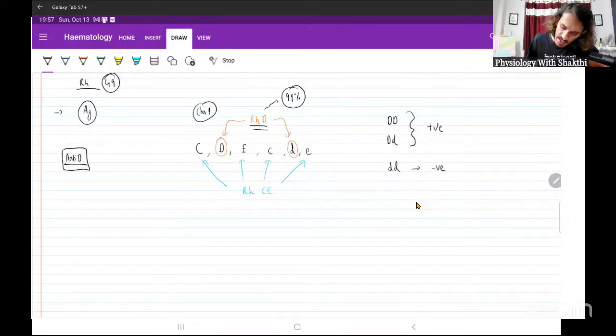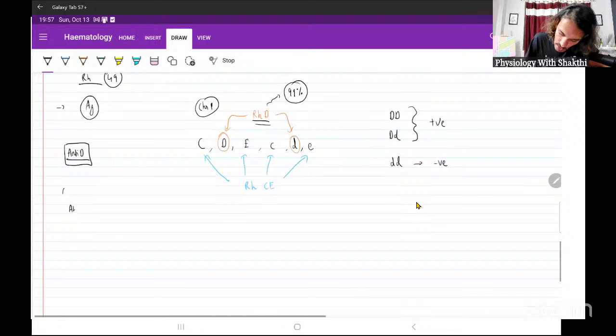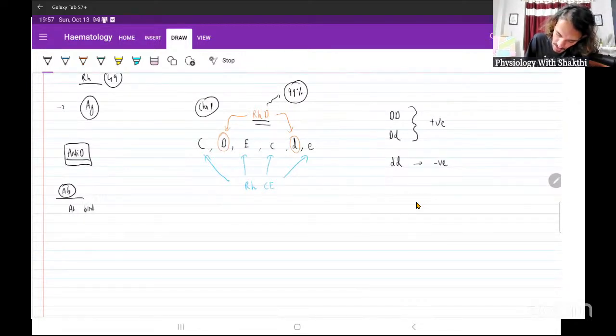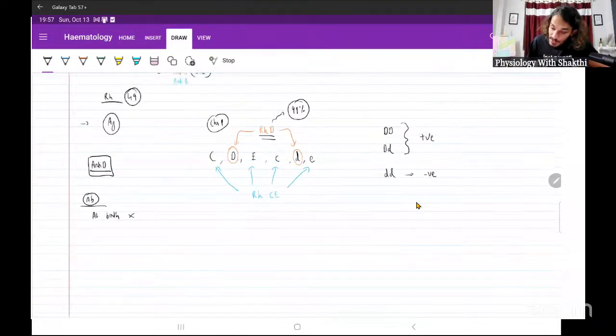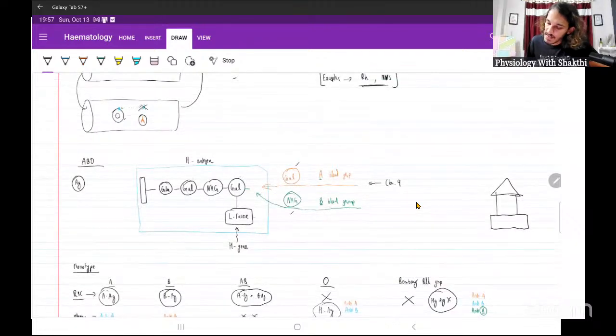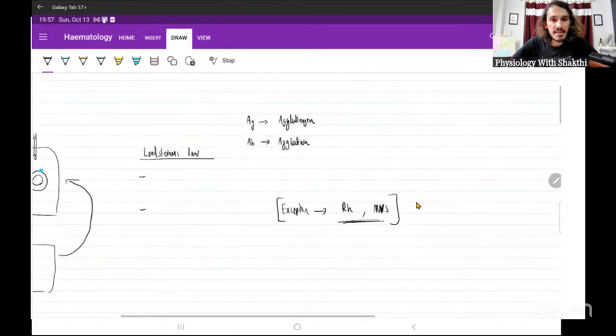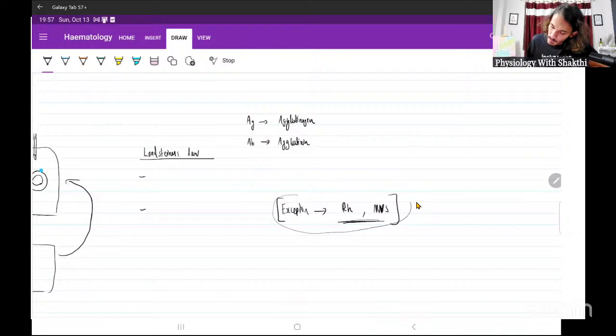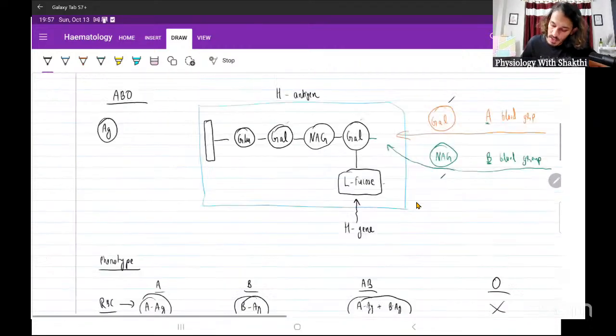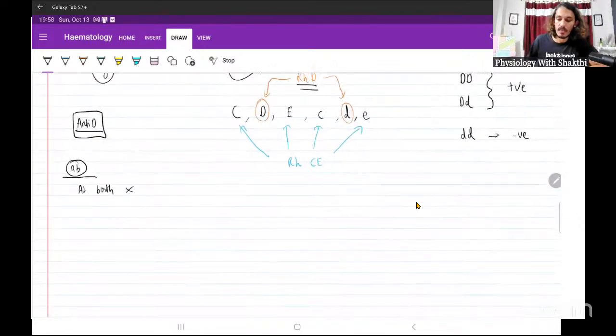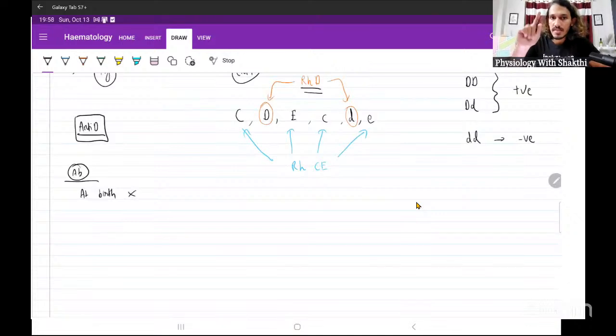Okay. Here again, at birth, the person does not have an antibody corresponding to it. Now, this is where we have to draw a slight difference. Remember when we were talking about Landsteiner's law, the second law has an exception. One is RH. So what does that mean? Landsteiner's first law is, if an antigen is present, the corresponding antibody is not there.